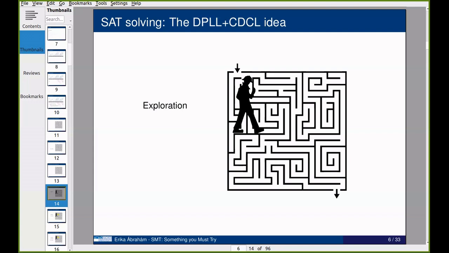So the next idea was, okay, exploration, perhaps we can avoid some unnecessary assignments by applying a lightweight look ahead. Something that is very cheap to apply, and it is impactful in the sense that it avoids running into parts where I can easily see there is no solution.